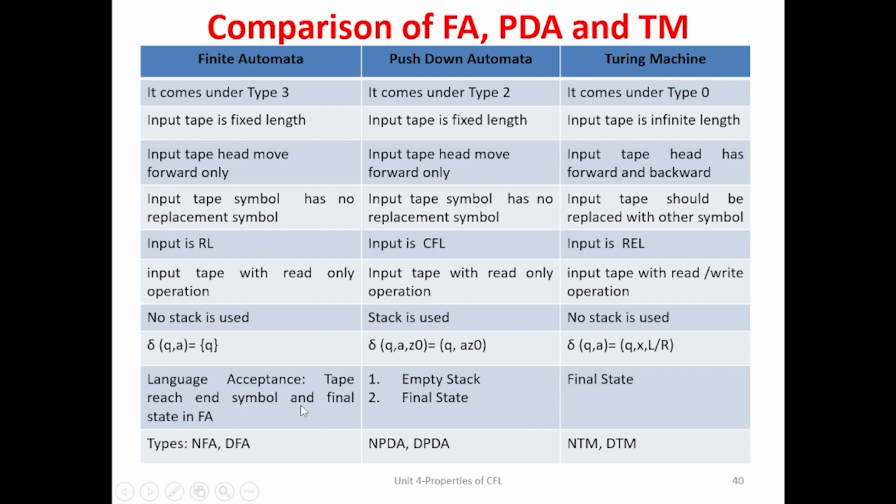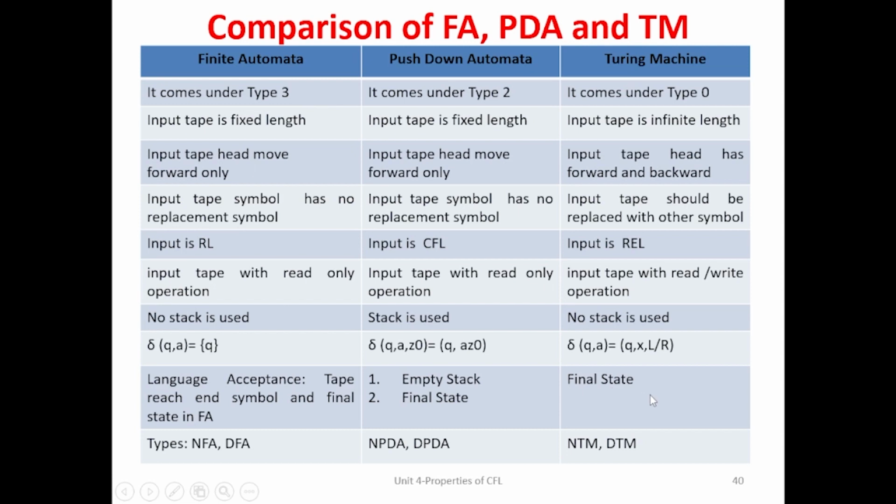And language acceptance means when the finite automata accepts a language, the tape should come to the end of the symbols and the final state is reached, that means the finite automata goes to the accept state. Pushdown automata can go to acceptance states in two formats. Either the stack may be empty, or if the final state is reached, then the pushdown automata stops its process.